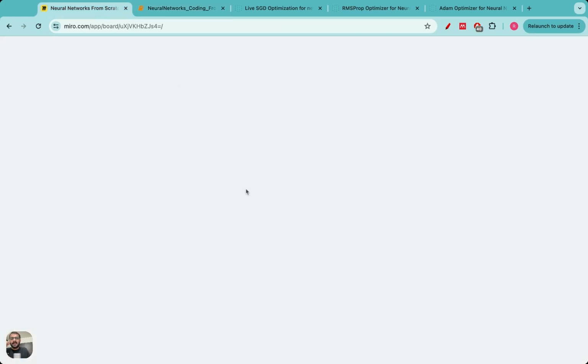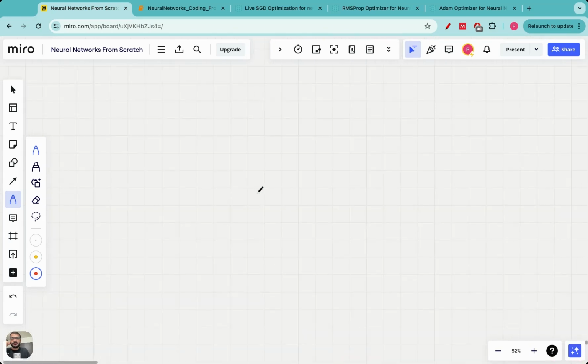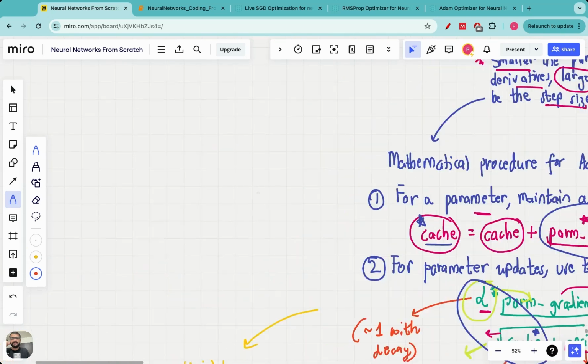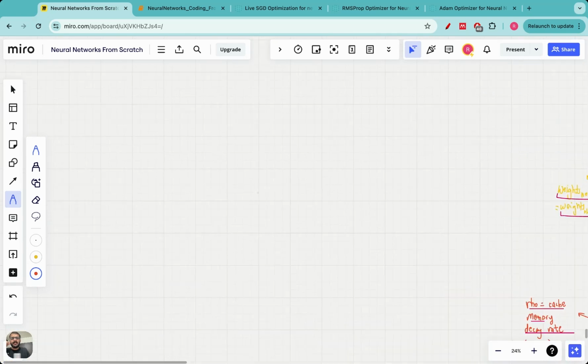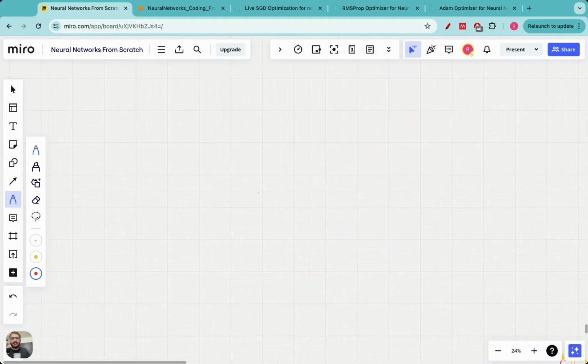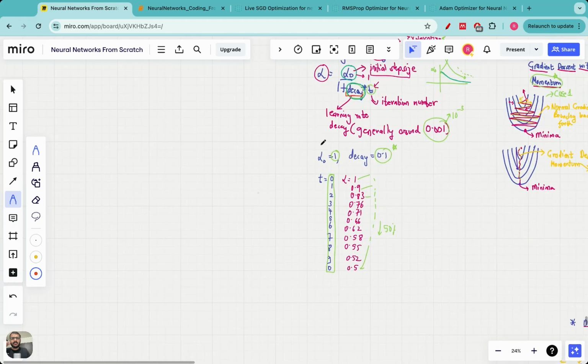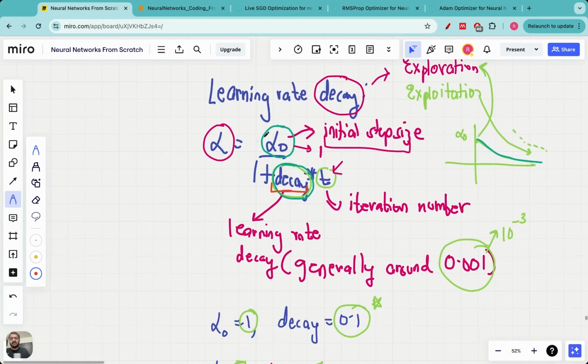Other parameters which we track all correspond to this alpha. Remember, this alpha term is not constant, but we are going to use the adaptive learning rate, or rather the learning rate decay. So for alpha we are going to be using the learning rate decay. Alpha is alpha naught divided by 1 plus decay into time, right? So we need to keep track of three things: the initial step size, the decay rate, and the iteration number.